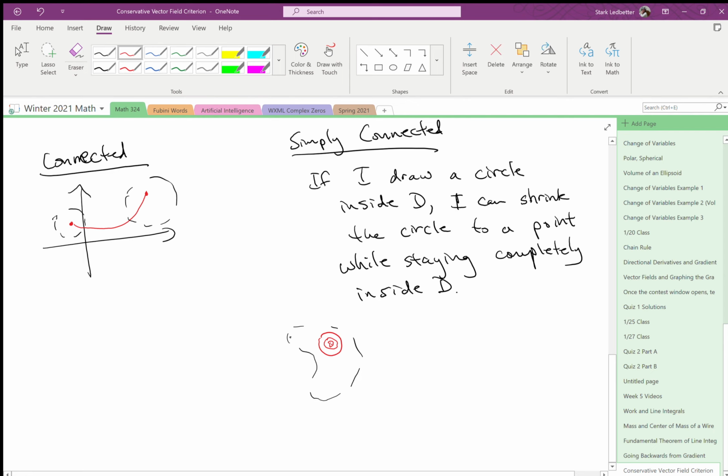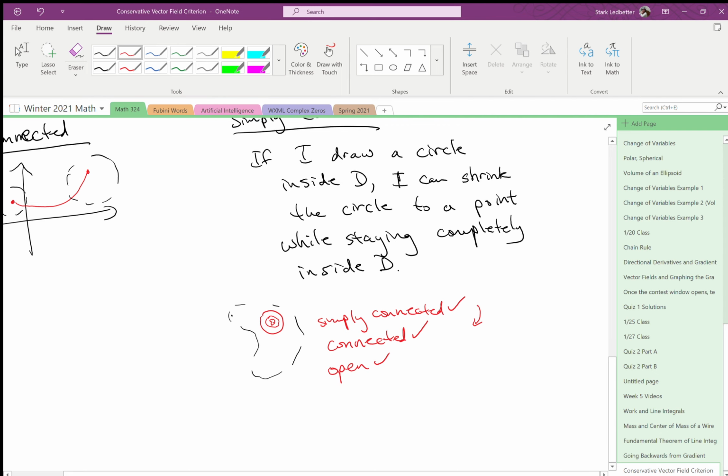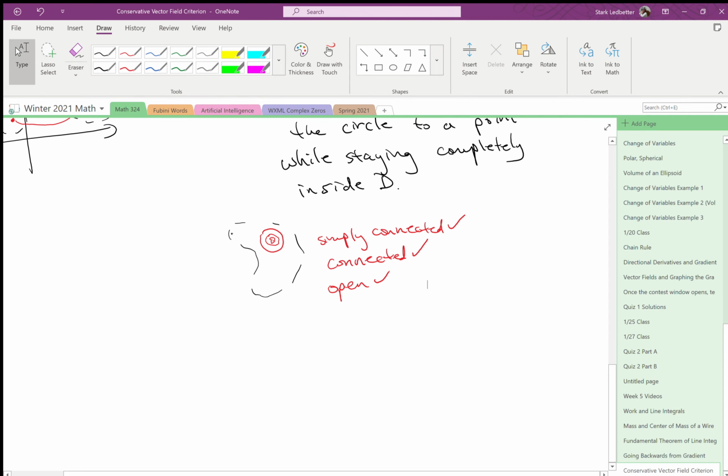In fact, this set, if I don't include the boundary, is simply connected, which certainly makes it connected. If we're simply connected, we're connected, and we're also open. That's actually a little bit hard to show, that if something's simply connected, then it's connected. Maybe that'll be a future quiz question. I'm not sure.